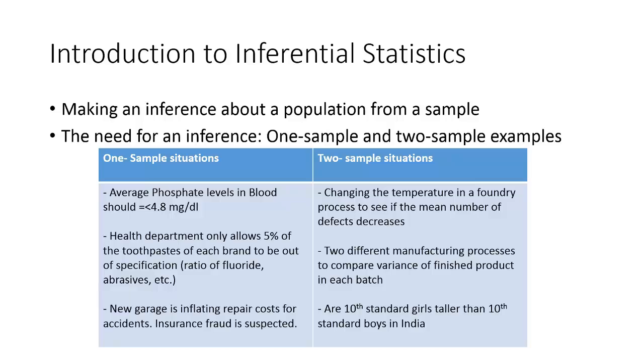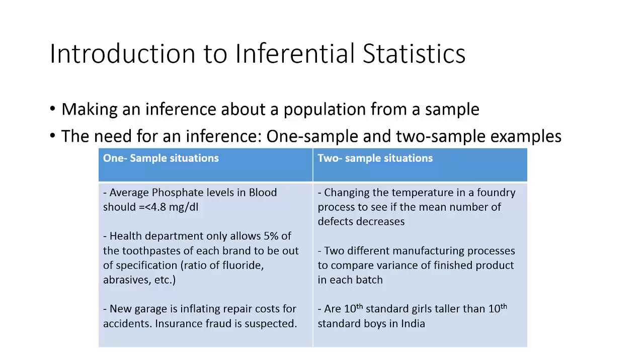Out of specification might mean that you have some ratings on the amount of fluoride toothpaste can have. So let's say you're allowed only 1,000 parts per million of fluoride, and there are other chemical limits, but the health department understands that not every toothpaste can match exactly the ideal requirements.